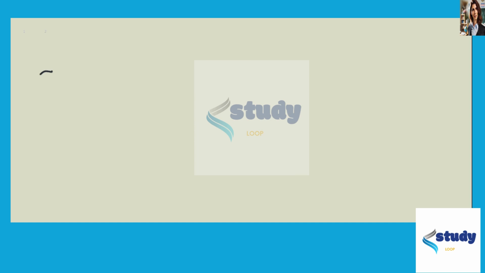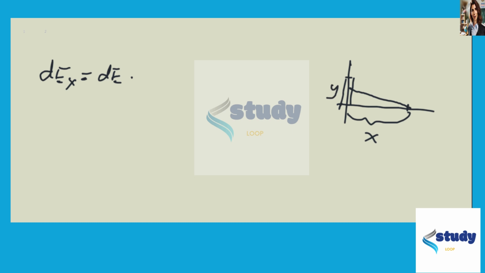So let's say the x component is dEx, equal to dE times, remember this is the charge bar, this is the point of interest, and this is the dy. This is x, this is y.